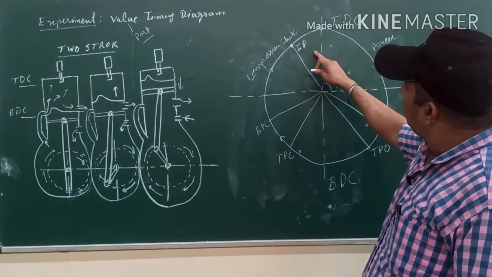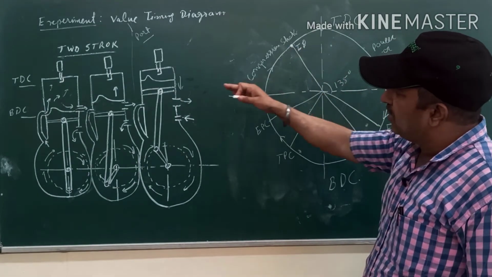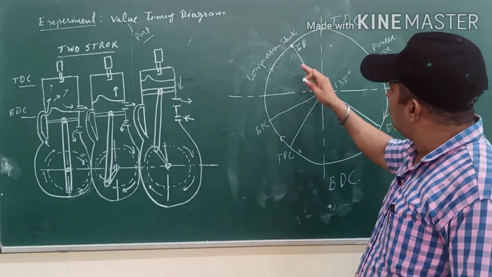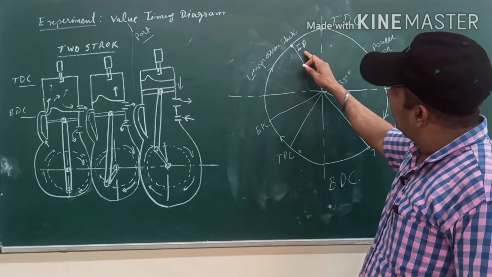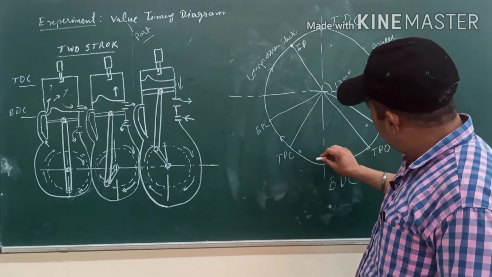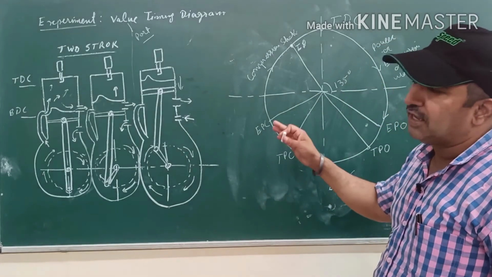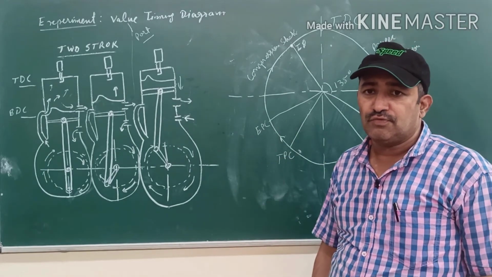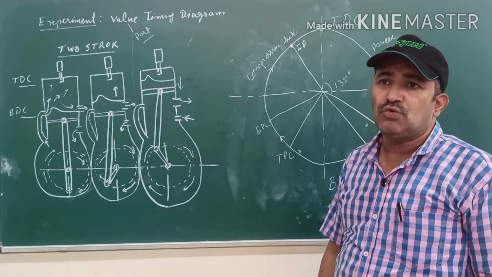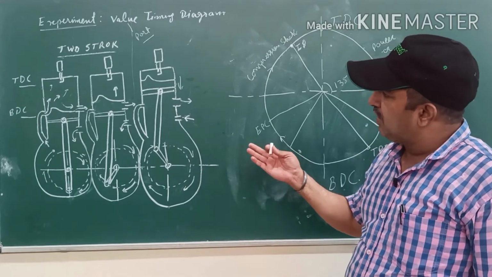This is the ignition point where we give the spark to the air and fuel mixture. So air and fuel mixture ignite and give us the power. So you can see the port timing diagram of two-stroke engine. Hopefully you understand about the two-stroke engine working.